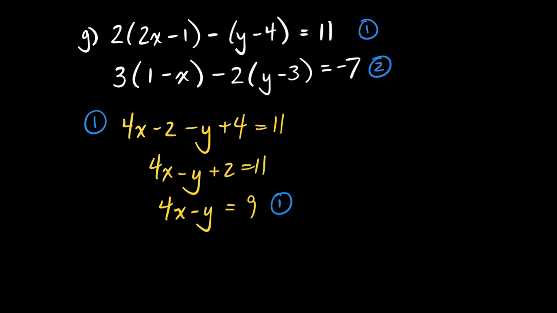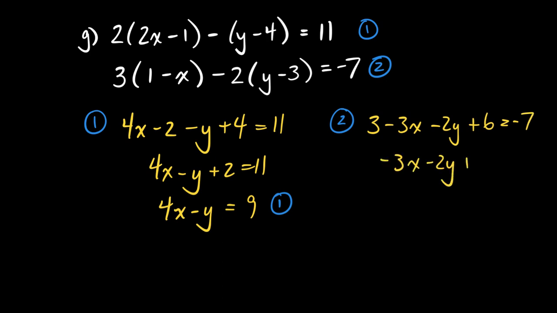So I'm hoping then that we could do the same thing with equation 2. And you could go through, and I'm going to go quickly and expand. We could clean up what we have on both sides.